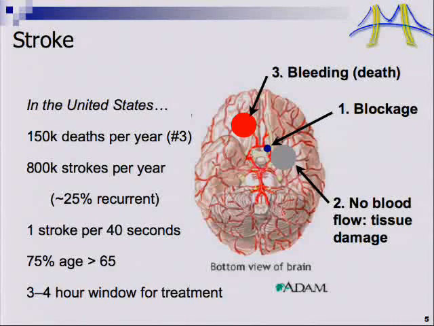But if you have come to the hospital 3 to 4 hours after having your stroke, even if they diagnose that you actually have had a stroke, they will not treat you. You will be managed in intensive care, but they will not give you any treatments. And the reason is, when you have a stroke, it's a blockage of a blood vessel. That's the most common type of stroke.